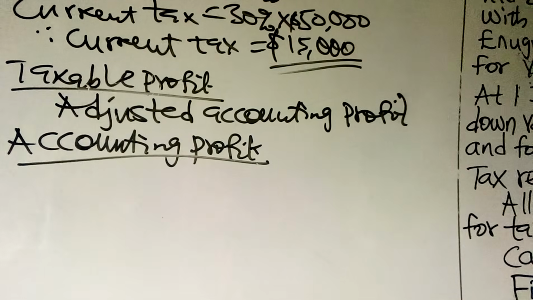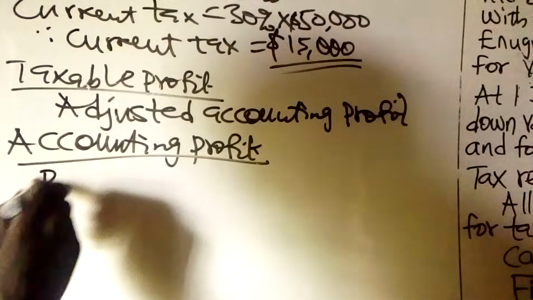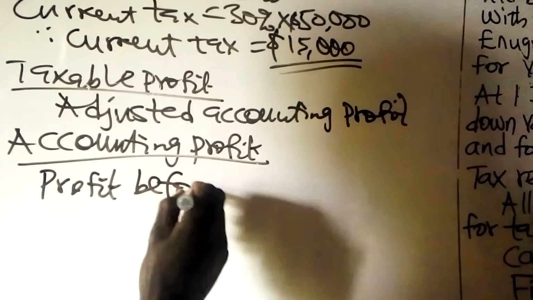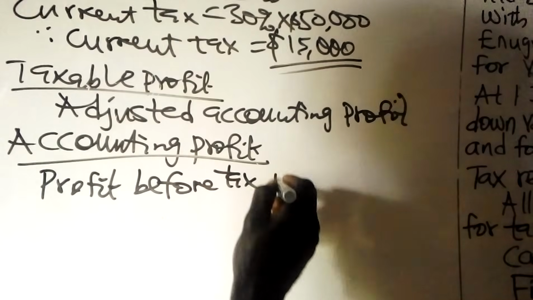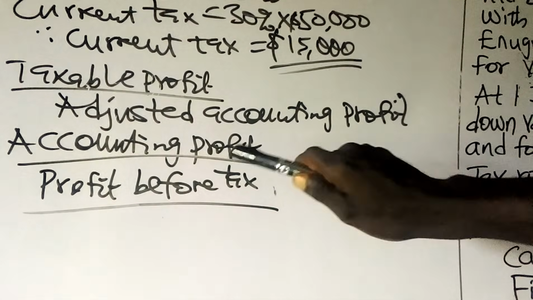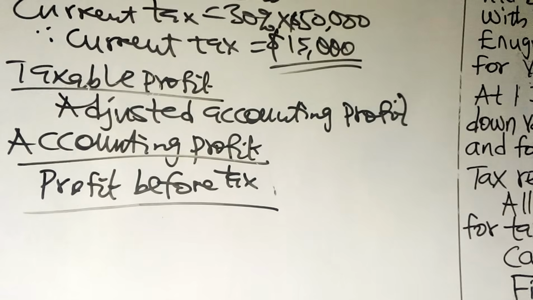That is, your accounting profit is the profit before tax in the statement of profit or loss.